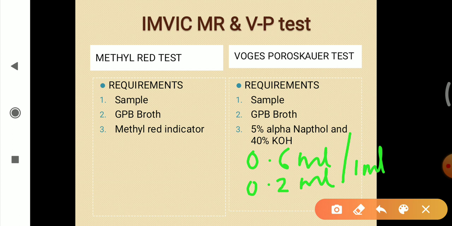If our GPB broth is 5 ml, then we will add 3 ml alpha naphthol and 1 ml KOH.